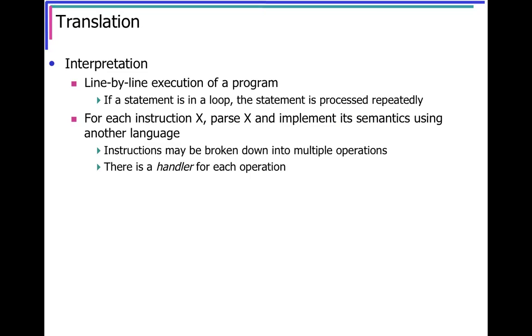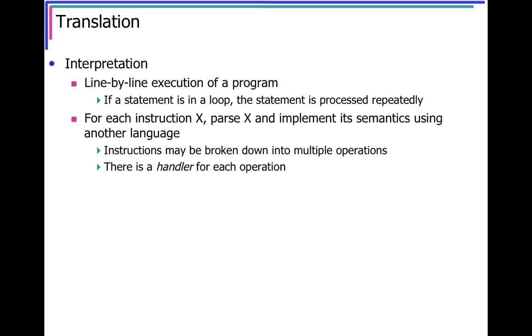So there's a couple of ways to do translation. We can do it via interpretation, or by compiling the program to native code. And what this lecture is about is interpretation. Interpretation is line-by-line execution of the program.